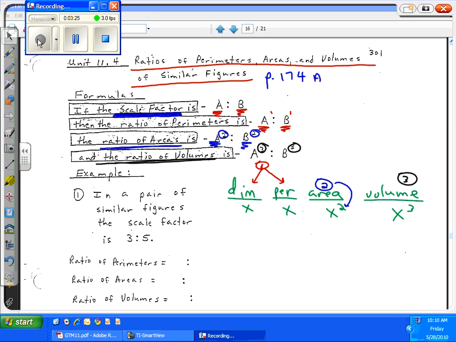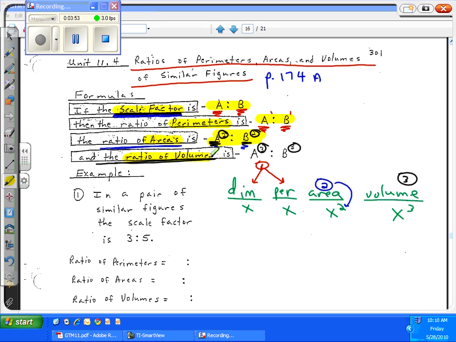And so we see this similarity between the drill, as we called it, on page 174A of Algebra and on page 301 of the Geometry book. So if the scale factor of a pair of similar figures is A to B, then the ratio of perimeters, since it's still one dimension, is A to B. The ratio of areas, since it's two dimensions, is A squared to B squared.